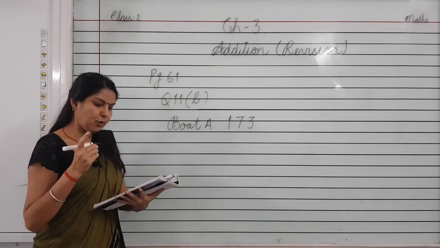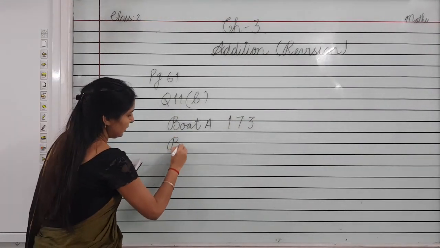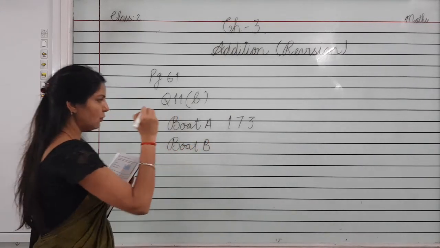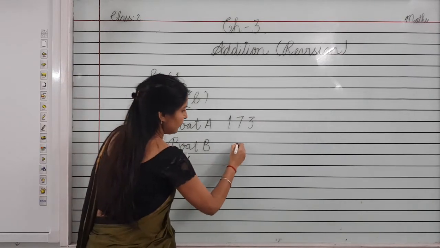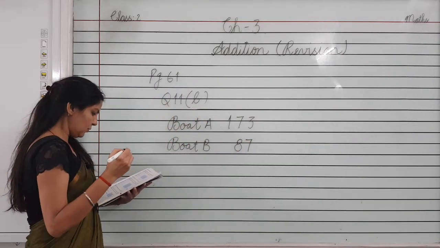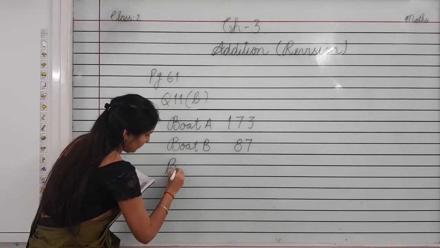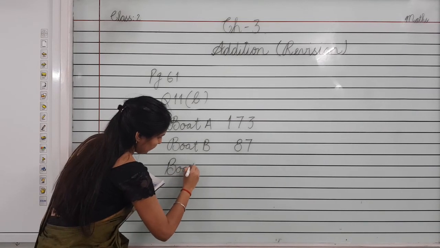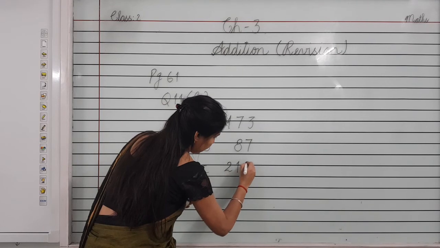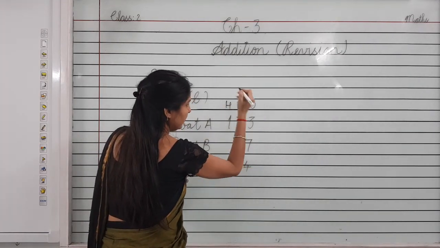Now fishing boat B caught 87 fish. Boat B, how many fish did boat B catch? 87. Now boat C caught 214 fish. We will write HTO for arranging them properly.